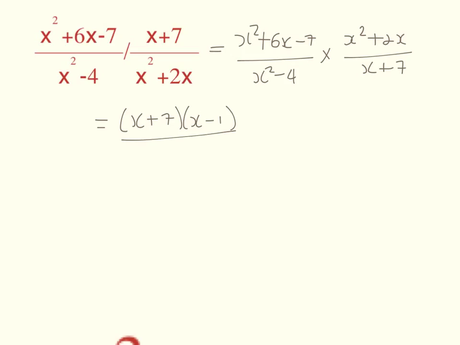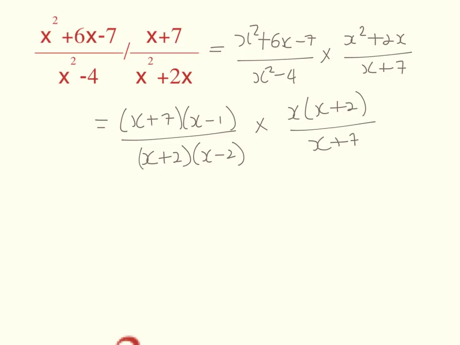All of that over, I have got a difference of two squares there, so x plus 2 and x minus 2, multiplied by, common factor here is x, so if we bring x out, we're going to have x plus 2 there, and we've got x plus 7 at the bottom.